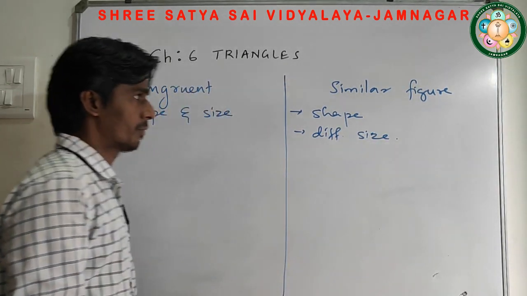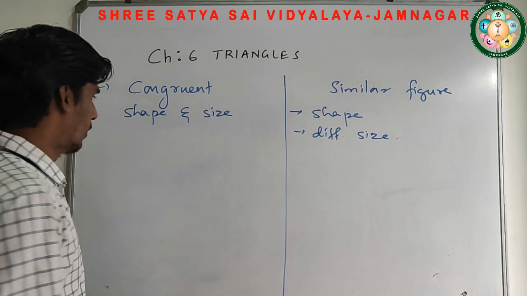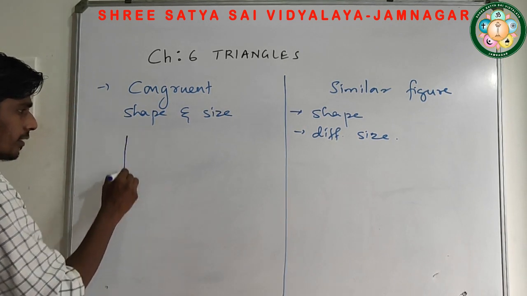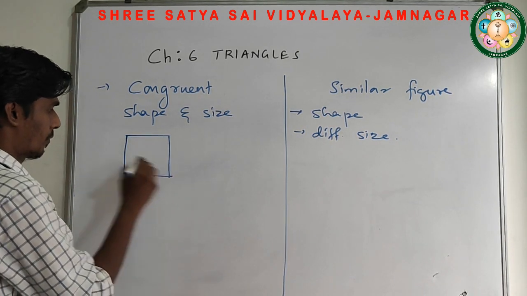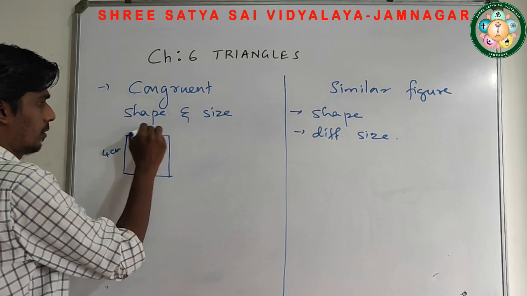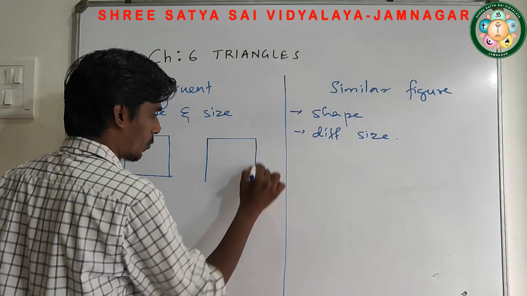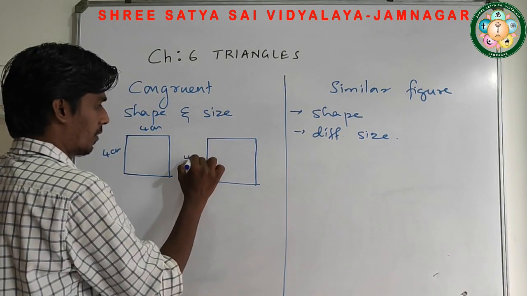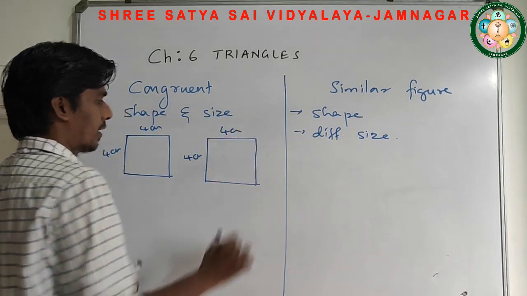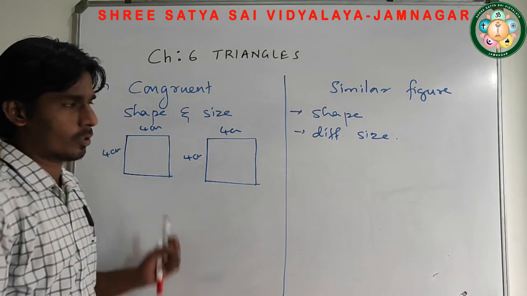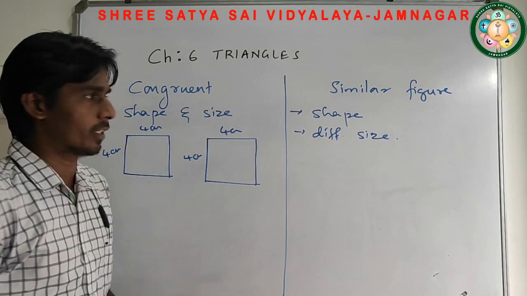Now for congruent, if I take a square of 4 centimeter and another square of 4 centimeter, then I can say that these two squares are congruent figures.